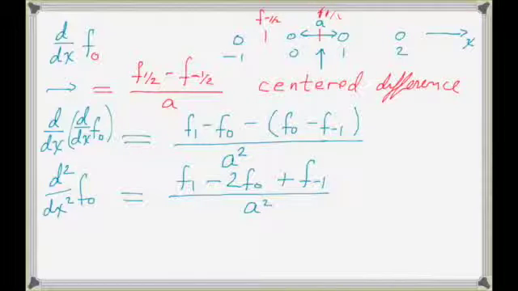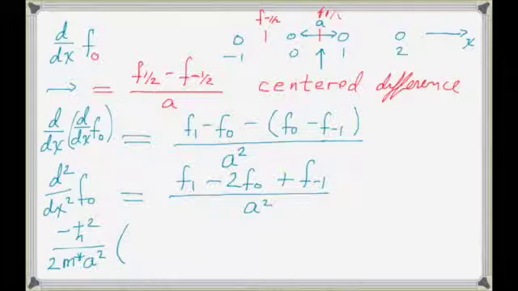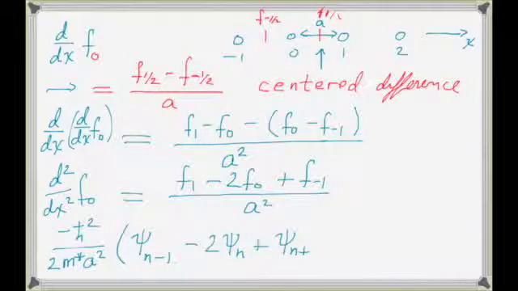And so now the finite difference form of my Schrodinger's equation becomes minus h bar squared over 2 m star a squared, and instead of f, this is my wave function now, psi, for any atom n, I'm going to get psi n minus 1 minus 2 psi n plus psi n plus 1 is equal to E psi n.